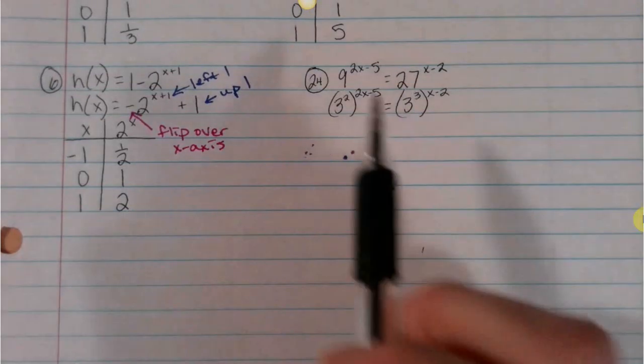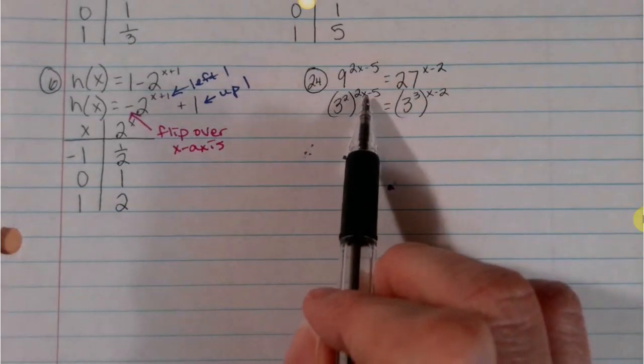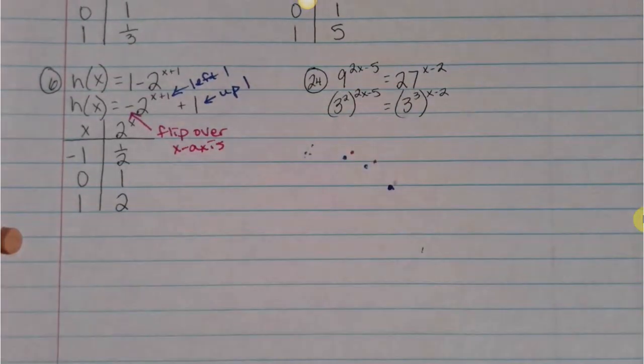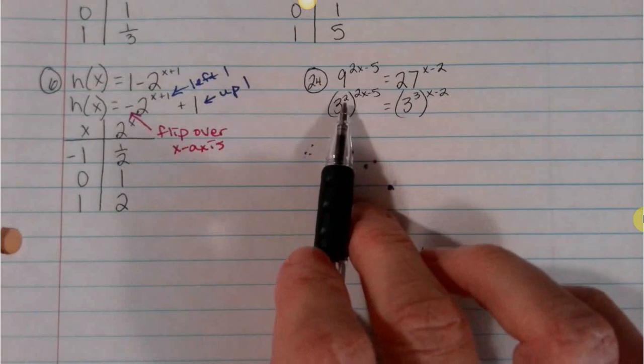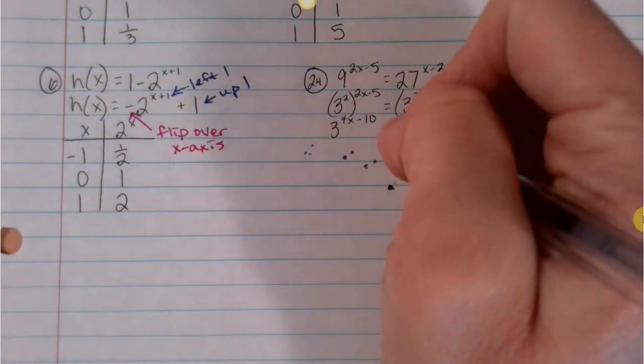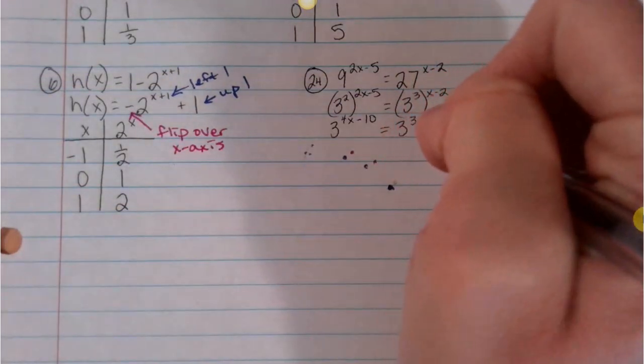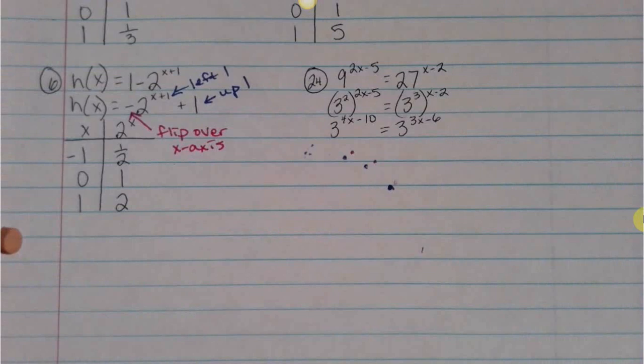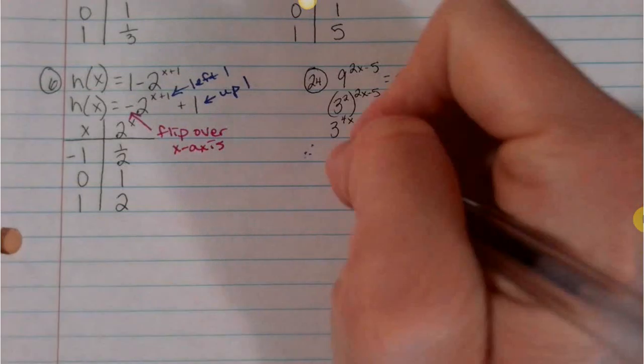And now we can use our rule that tells us when we raise an exponent to another exponent, we multiply. So we're going to distribute this 2 to give us 3 to the 4x minus 10. And we're going to distribute the 3 to get 3 to the 3x minus 6. And now because both sides of the equation have that base 3 in common, we can set the exponents equal to one another.